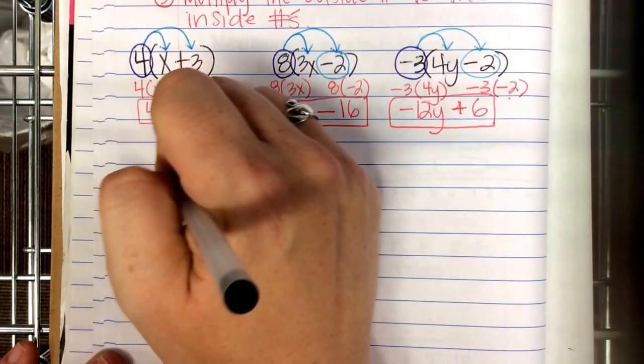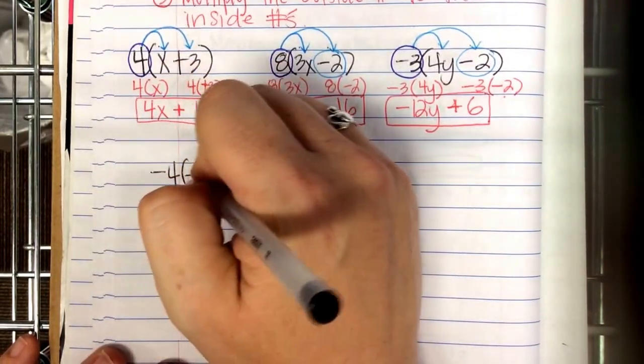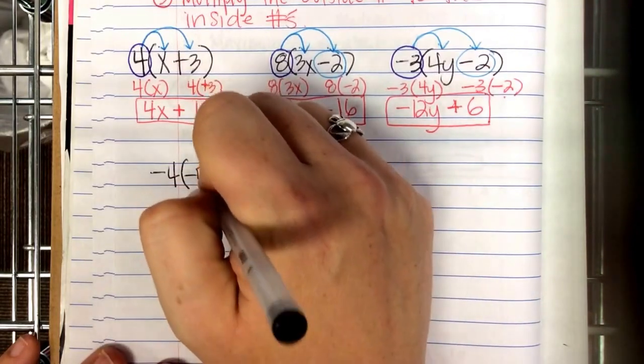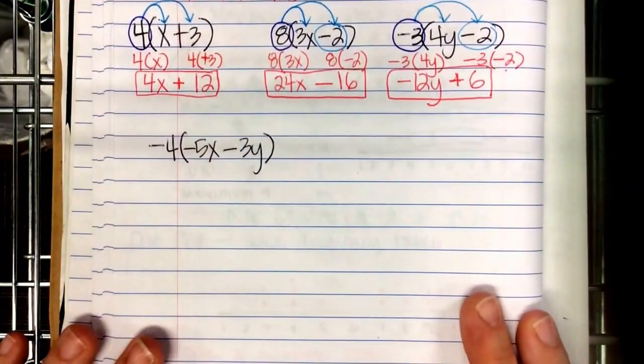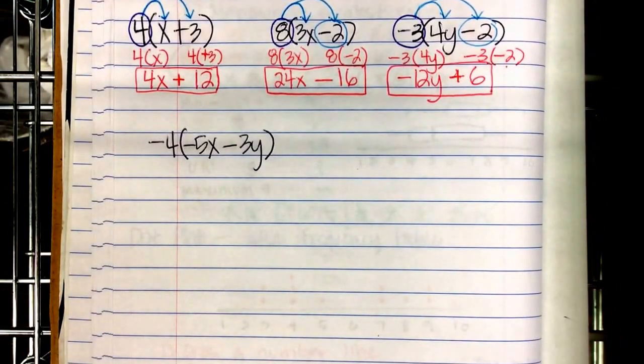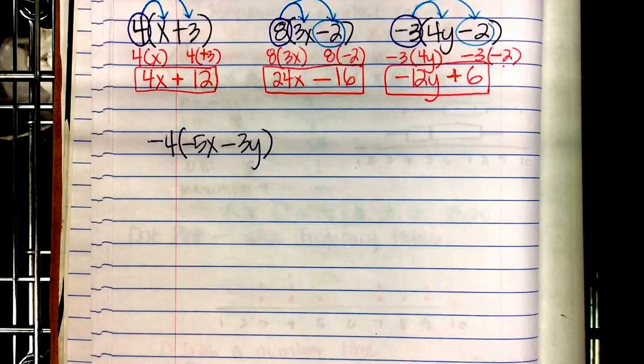Let's try this one. Negative 4 times negative 5x minus 3y.